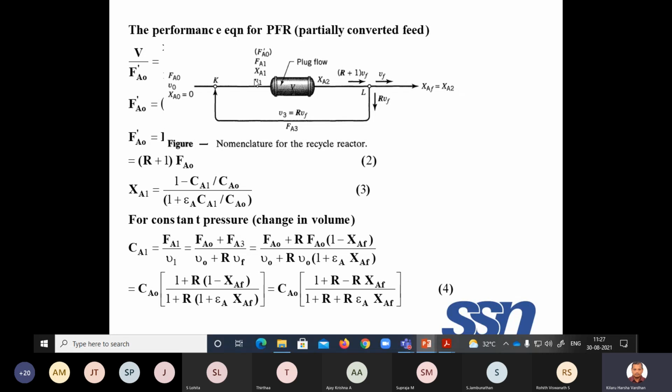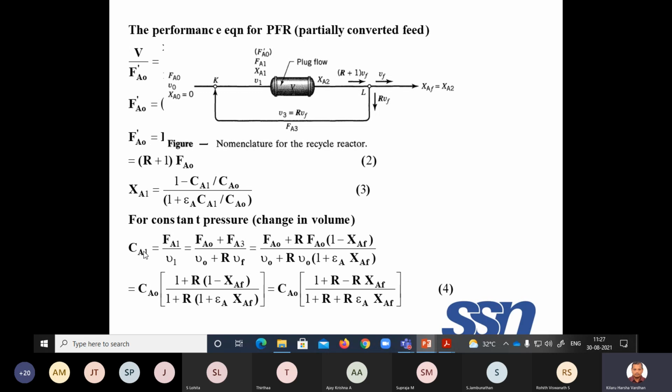How much is this V1? It is nothing but the volumetric flow rate here plus the volumetric flow rate here, that is V0 plus R times VF. We know FA naught. What is FA3? FA3 is nothing but R times FA naught into 1 minus XAF. That we can write, right?